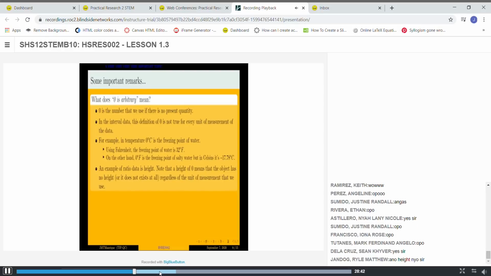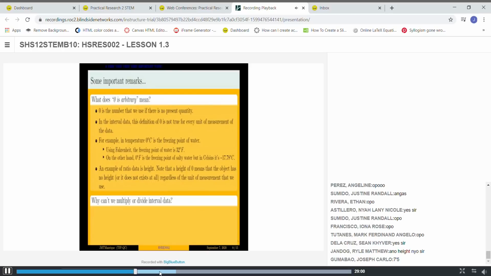Or you can say that the object does not exist at all. Okay po? So yun yung pinagkaiba ng zero sa ratio at interval data. Next.